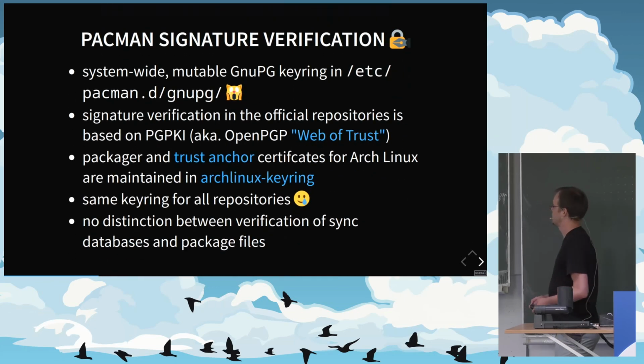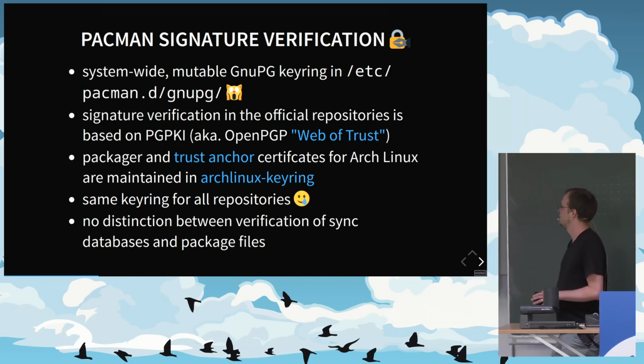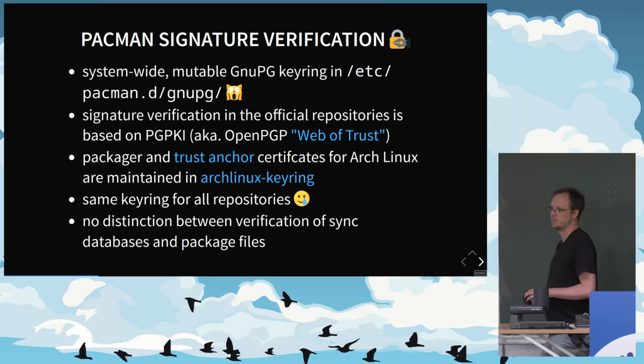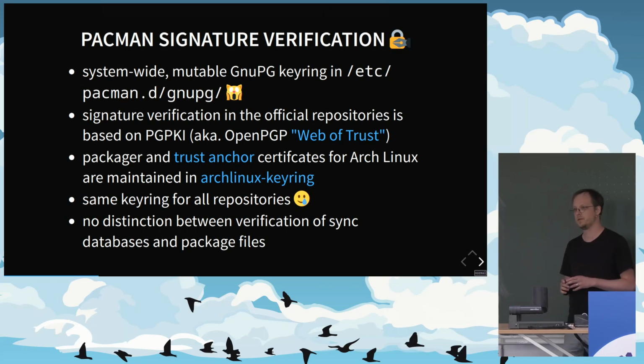The problem is, though, that the Pacman signature verification, the way we use it currently, is fairly brittle and limited. We have a system-wide mutable GnuPG keyring in /etc/pacman.d/gnupg. It's sadly a very brittle setup because the state that we get in that keyring basically is mutable.